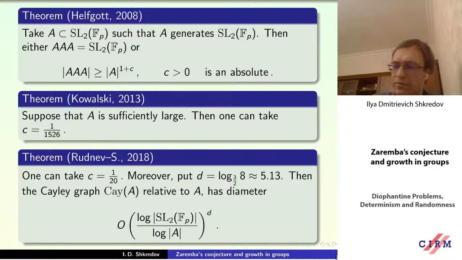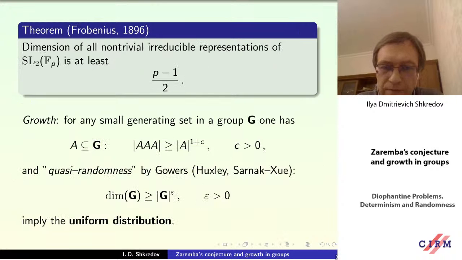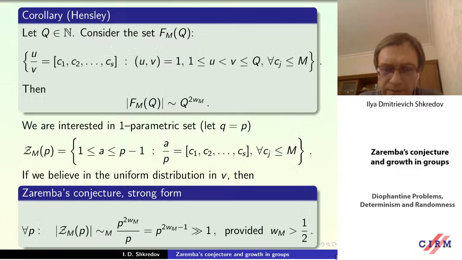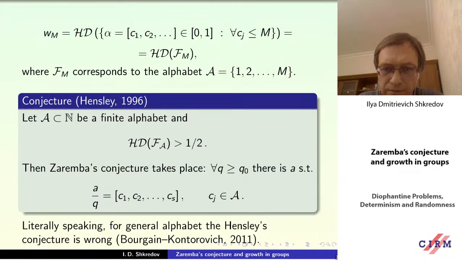Oh, I have a comment on this. Yeah, please, Nikolai. Gerhard Larcher gave a result about discrepancy. He improved discrepancy, yes, log square bound to log bound. But not for composite numbers.